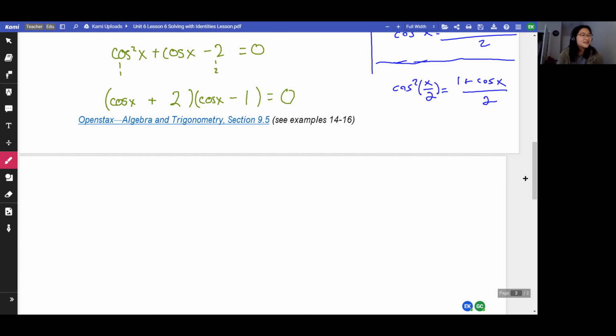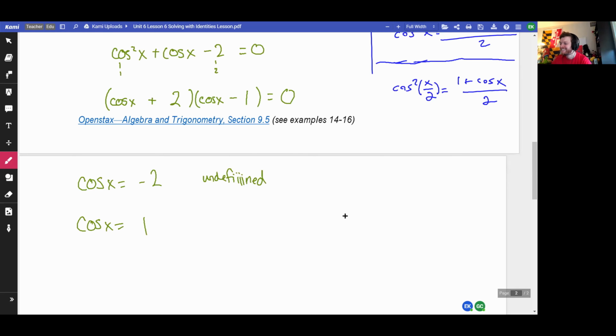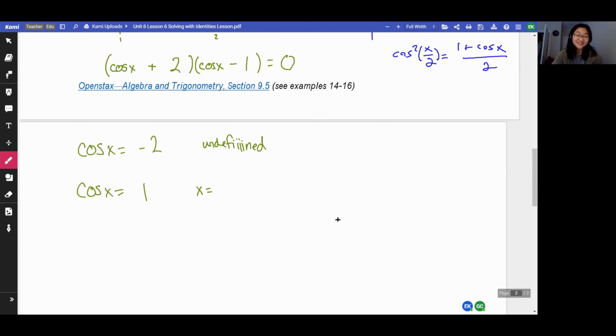Does that work? Cosine equals -2. Oh, I love when cosine equals -2, because that's not a thing, right? No. I find immense satisfaction when the answer is undefined. Undefined. Boom. And then when is cosine 1? If you look up undefined in the dictionary, you'll actually see cosine x is equal to -2, with pictures of our faces looking really silly.